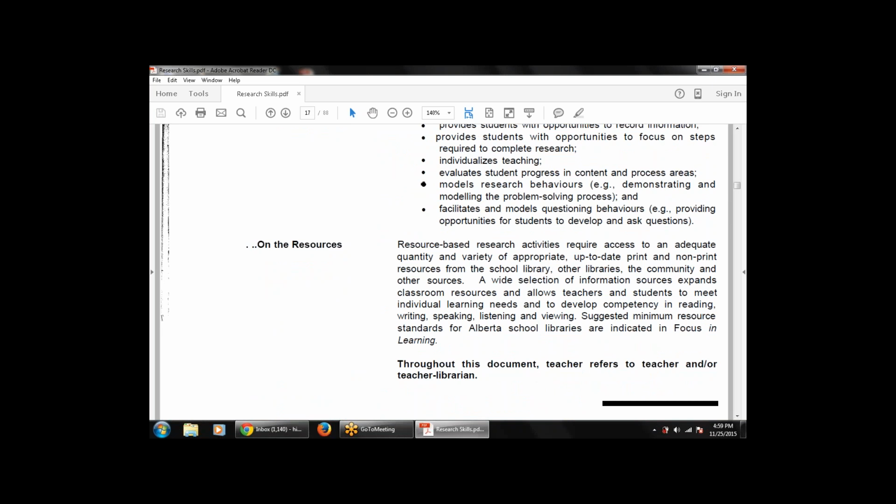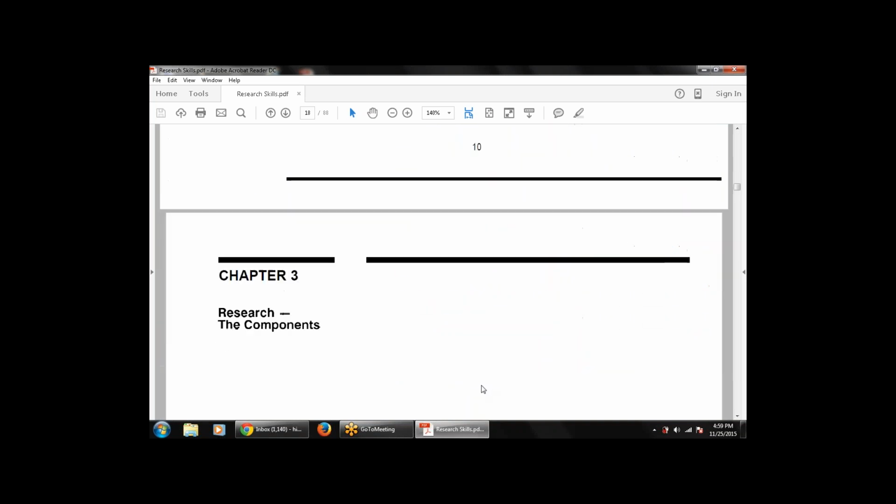That means for doing research systematically, with efficient research skills, these are the various focuses that any student or teacher doing the research must attend to: the teacher, the student, the resources, and the content available. Throughout this document, the teacher refers to the teacher and or teacher librarian.